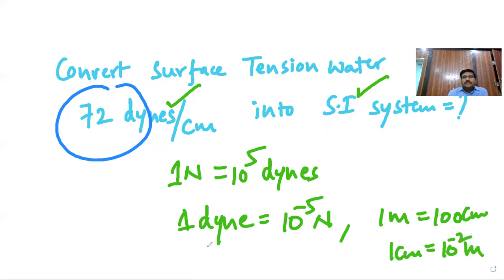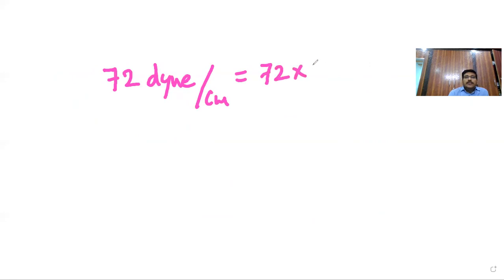So substitute over here. Then it becomes 72 times per centimeter becomes 72 into 1 dyne, which is how many newtons? 10 to the power of minus 5, and 1 centimeter is 10 to the power of minus 2 meters.